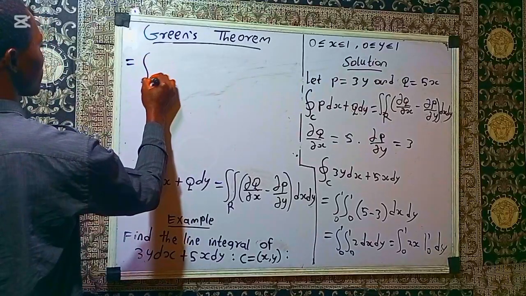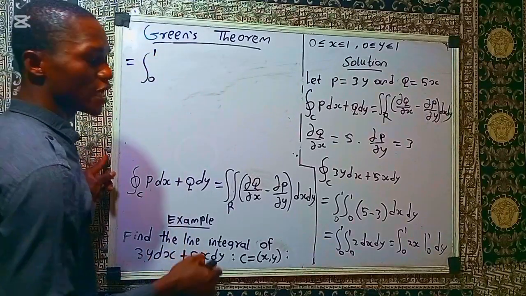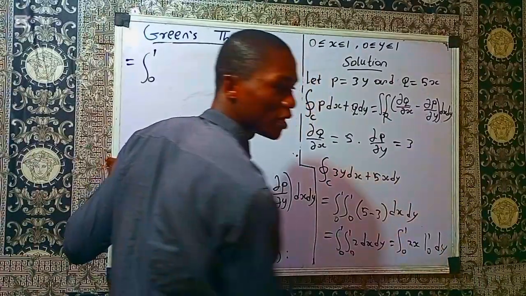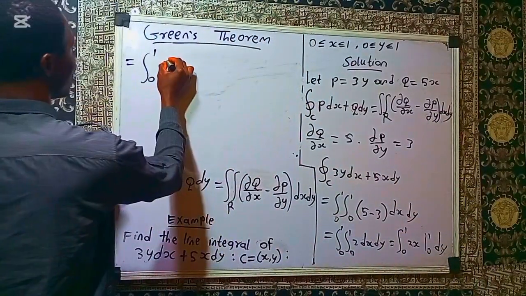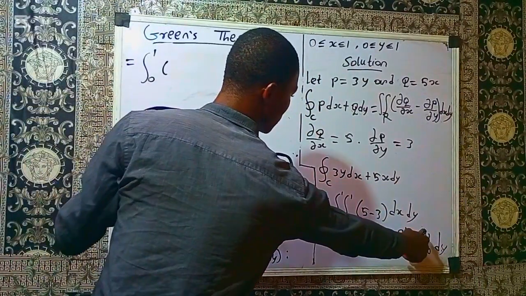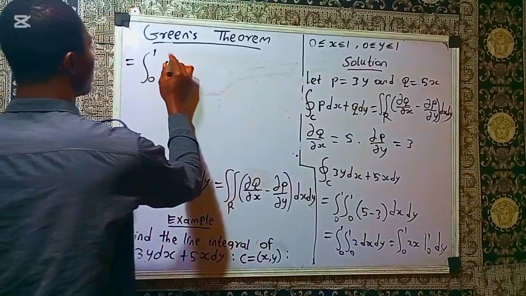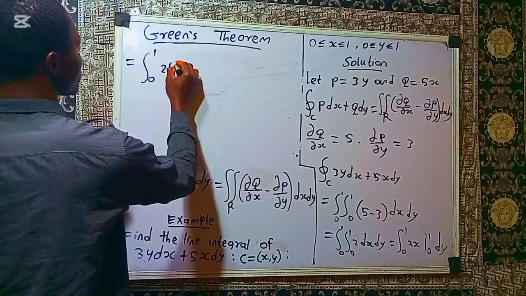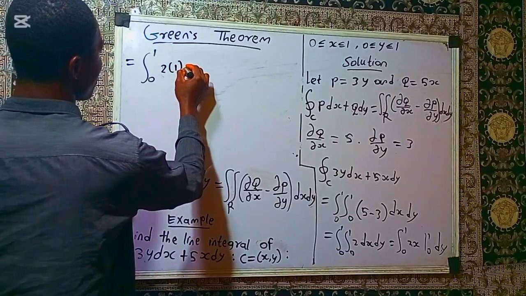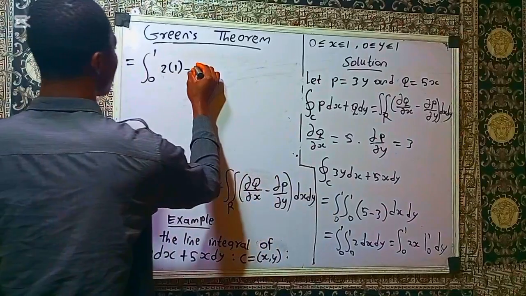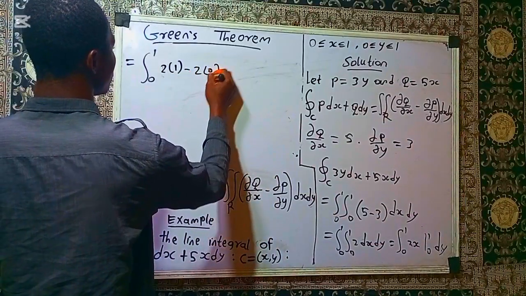So let's continue solving. We have the integral from 0 to 1. Evaluating this, we substitute the upper bound, which is 1, so we have 2 times 1, minus, we substitute the lower bound 0, so 2 times 0.